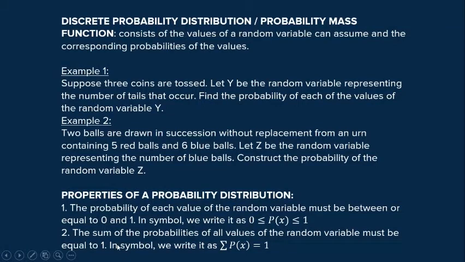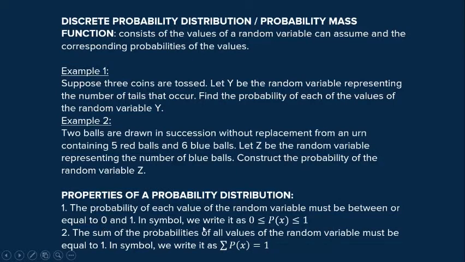Let's proceed in knowing and computing the discrete probability distribution, also known as probability mass function. It consists of the values a random variable can assume and the corresponding probabilities of the values. Let's keep in mind its properties. First, the probability of each value of the random variable must be between or equal to 0 and 1.